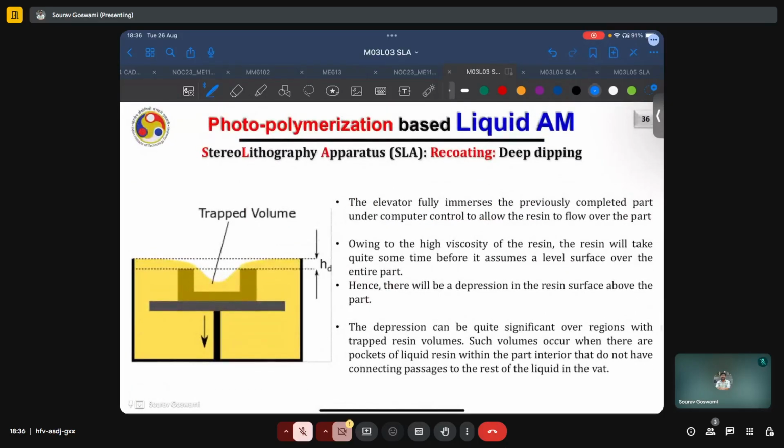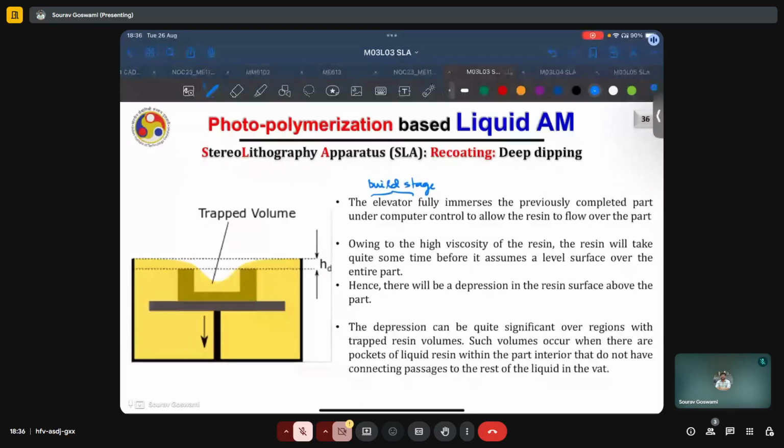Let us talk about deep dipping. The elevator, which is just the build stage, fully immerses the previously completed part under computer control to allow the resin to flow and accumulate over the part. Owing to the high viscosity of the resin, it will take quite some time before it assumes a level surface over the part.